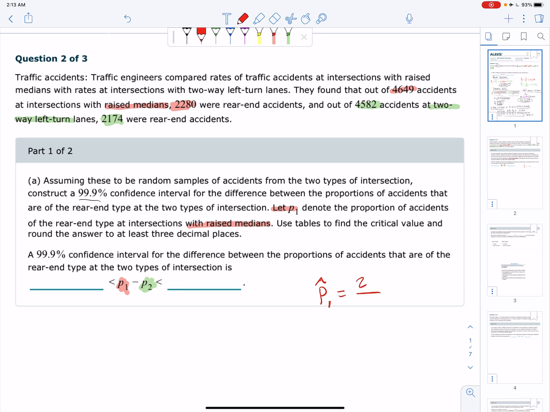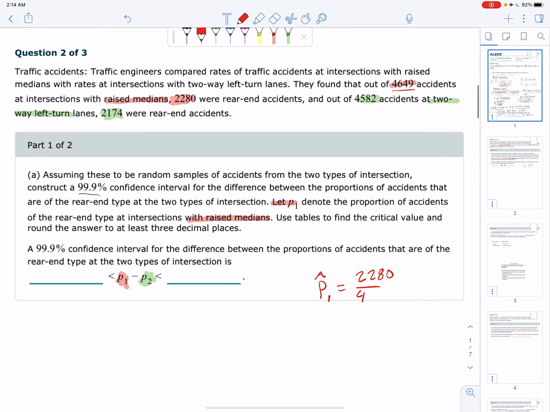So the stuff of interest was 2,280, out of a total of 4,649. Now I divide that on a calculator and I get approximately 0.490.